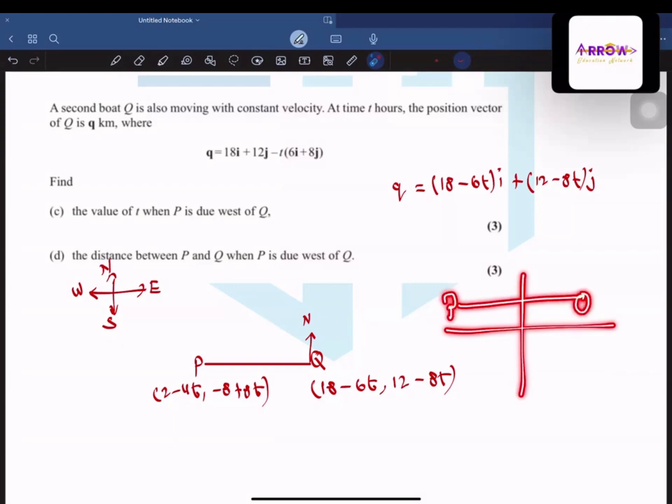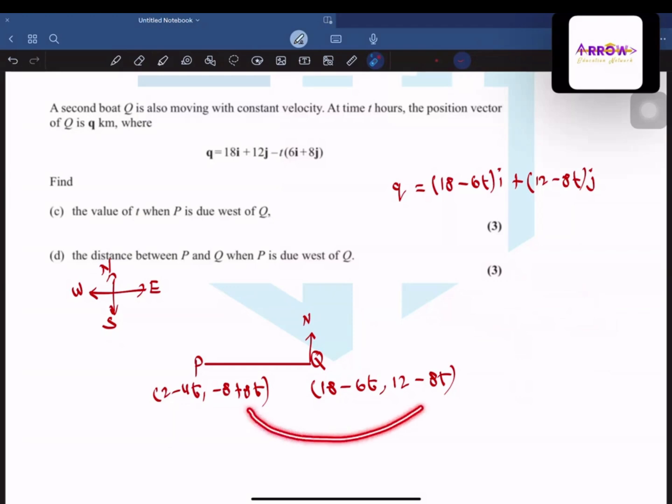Boat P is over here and boat Q is over here. So the x coordinates will be different, meaning the i components will be different, but the j components will be the same. So therefore, I can explicitly mention that j components of both of the boats are equal. So here is basically one way to do this.